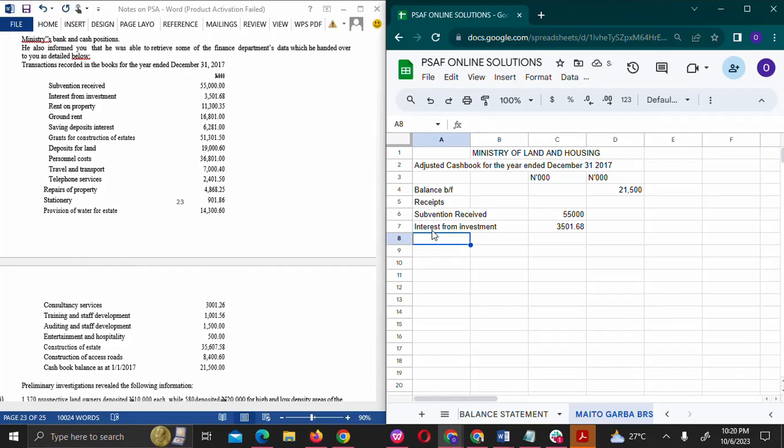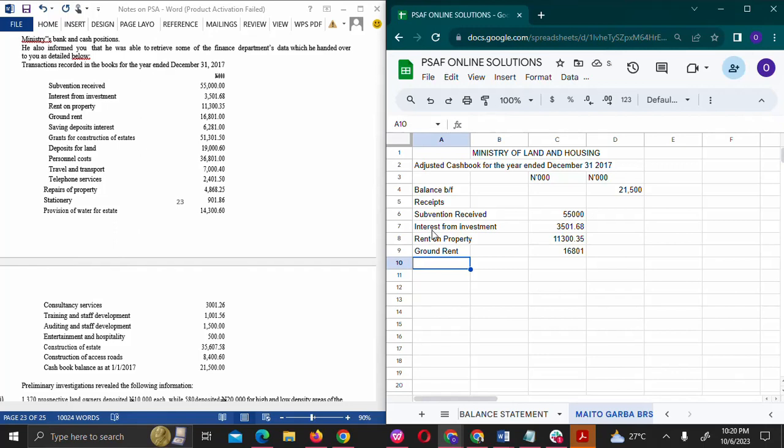Then you have rent on property, 11,300.35. You have ground rent, 16,801.